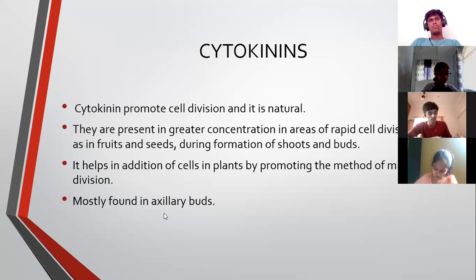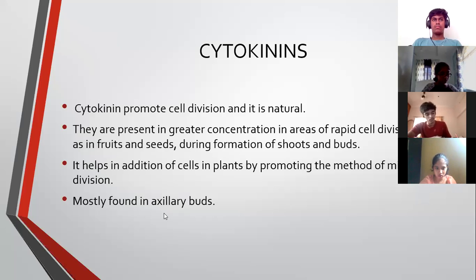Now, as I told you, auxin is present in the shoot tip and root tip, while cytokinin is present in every single place where there is production of new things. Now, if this is a stem, you might have seen leaves going on both sides. From the stem or from the branch or from the twig, the leaves grow on both sides.